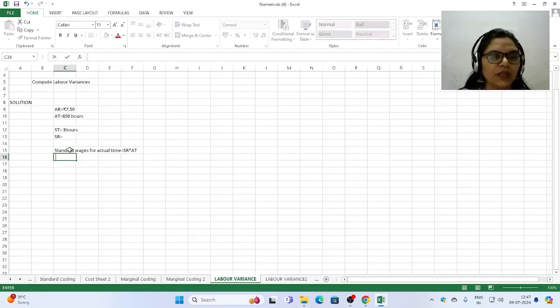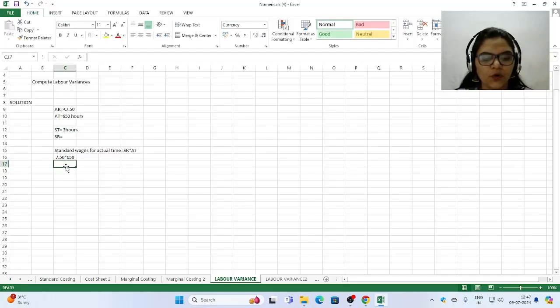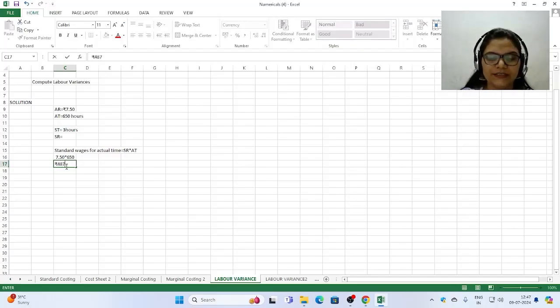Standard rate given to us is 7.50 into actual time 650. So the wages for actual time comes out to be rupees 4875. We need to show it in rupees 4875.